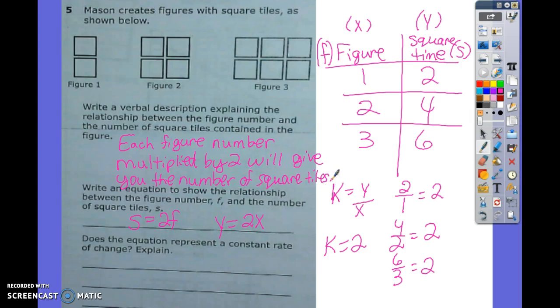Does the equation represent a constant rate of change? The answer is yes, because k is equal to 2. The constant rate of change is 2.